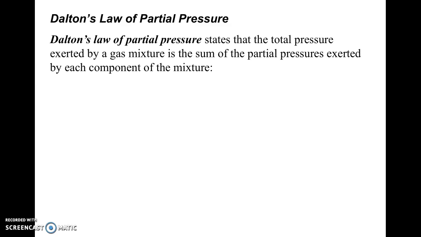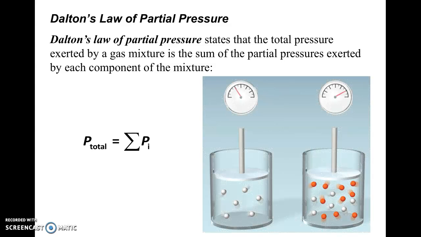That's what Dalton's law of partial pressures says: the pressure exerted by a gas mixture is going to be the sum of the partial pressures. So the pressure is the sum, that's that Greek letter, sigma, which stands for sum, of the individual pressures. Here, once again, we just have this little diagram where we have the same volume and we've added other gases like we discussed in the previous example.